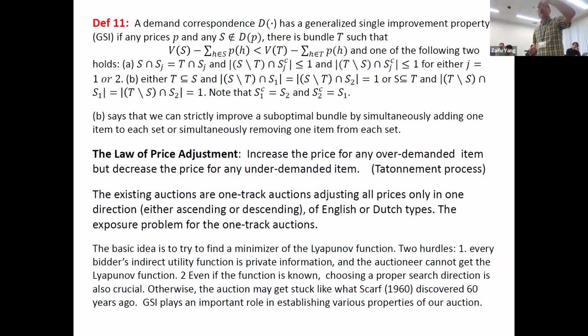Again, we need to generalize the single improvement to this more general model. The basic idea is that we try to minimize the Lyapunov function. However, there's a problem, because every agent is strategic. They don't reveal the private information.